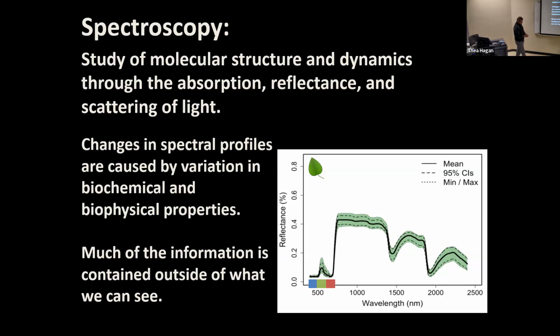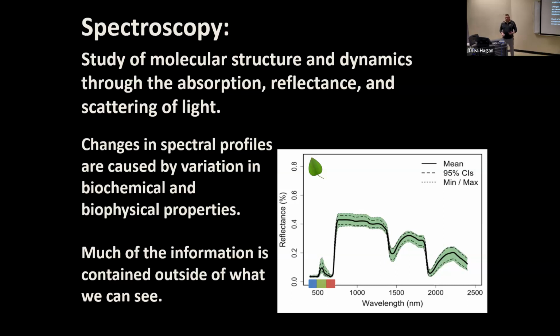We usually focus on the solar spectrum, so about 350 to 3,000 nanometers, because that's the radiation that vegetation uses. And for vegetation spectroscopy, changes in these spectral profiles, and you'll see shifts in spectral profiles as we move through different examples, are caused by variation in biochemistry, biophysical properties, structure.